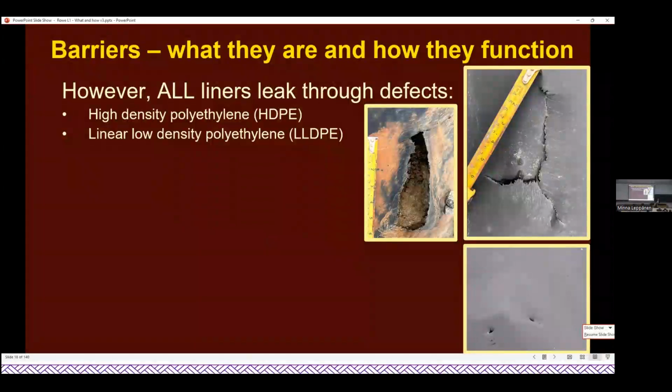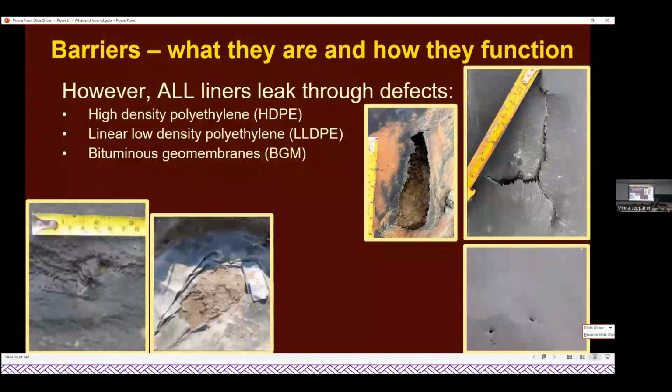Wildlife, bears, caribou, elk, reindeer, kangaroos, leopards, all will do nasty things to an exposed liner if they get in. BGMs are often sold as being very robust. Be very careful in believing that. Here are examples of significant holes in BGMs.